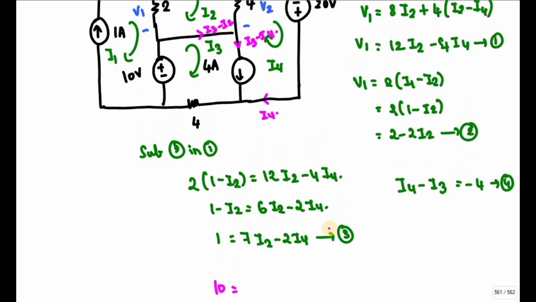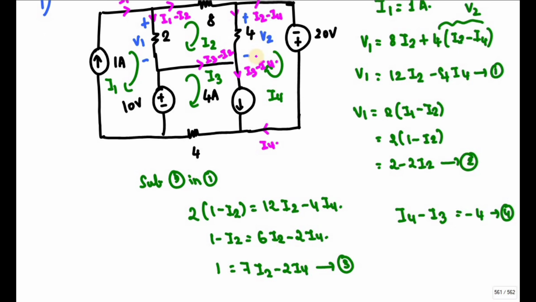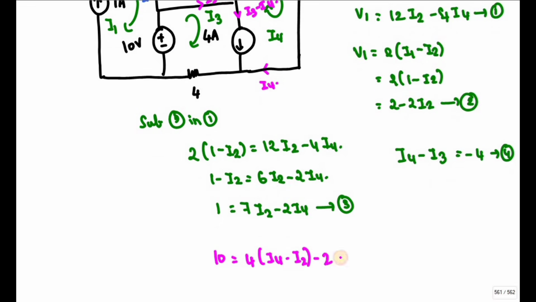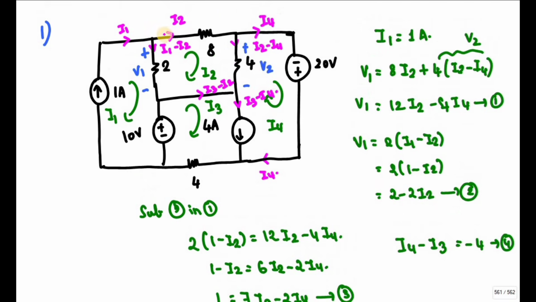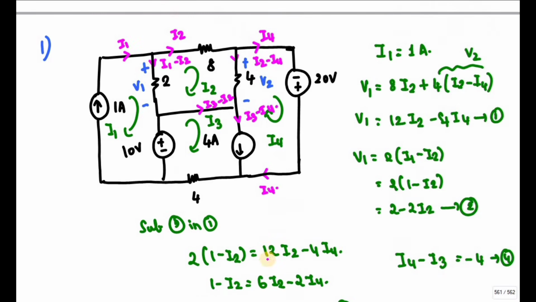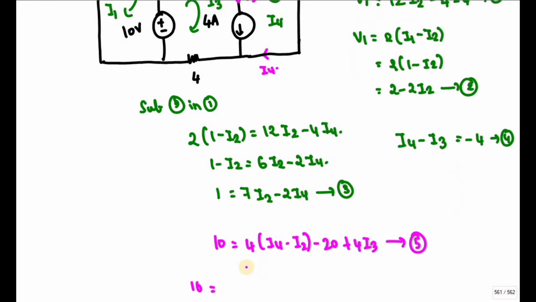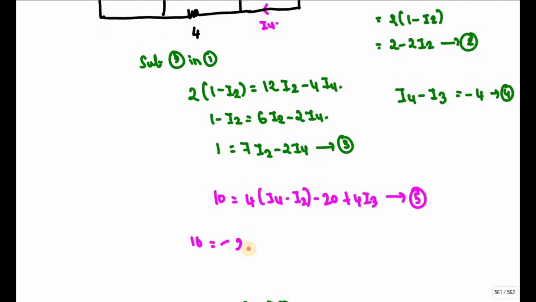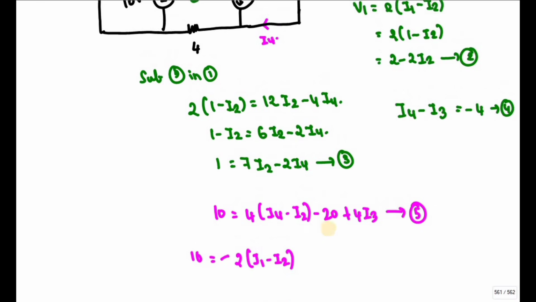If I remove the 4 amp source in between, I can take the whole loop, that is 10 is equal to, going via the 2 and 8 ohm resistors, followed by the 20 volt source and the 4 ohm resistor.